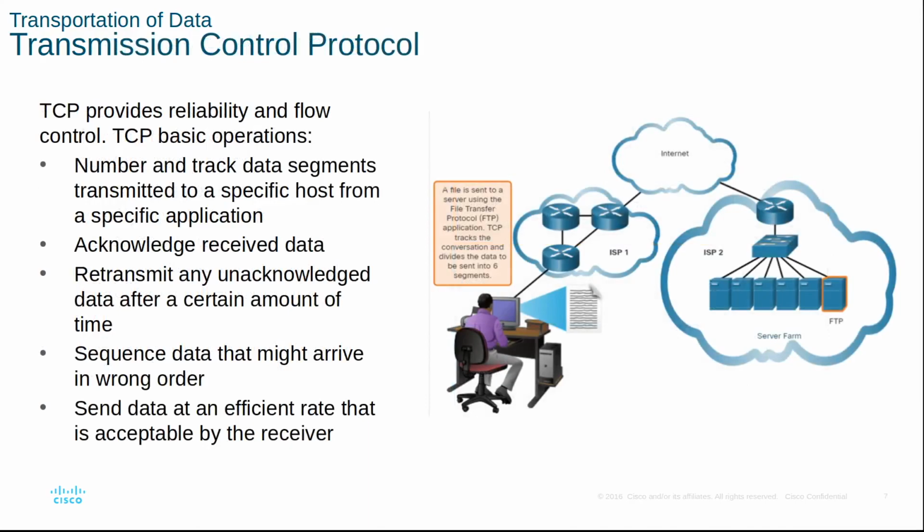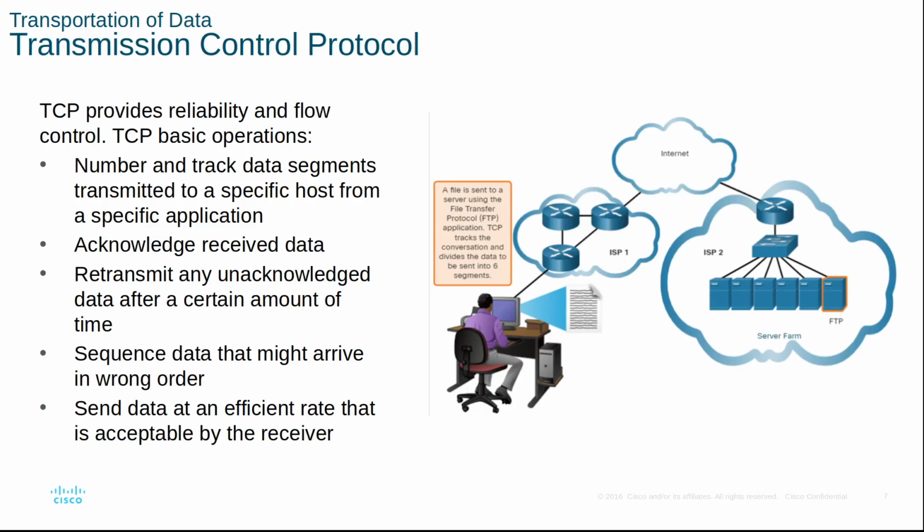TCP, or Transmission Control Protocol, gives you reliability and flow control. It allows the network, the host, and the software that's running to number and track the segments that are transmitted from a specific host to a specific application, acknowledge the received data, and because there's acknowledgement sent, it can retransmit anything that wasn't acknowledged.